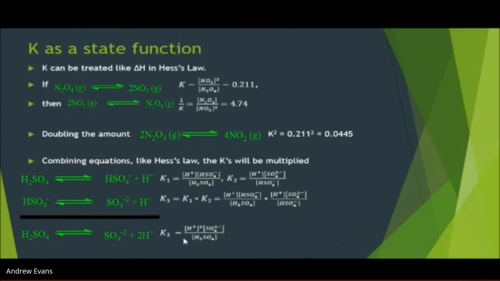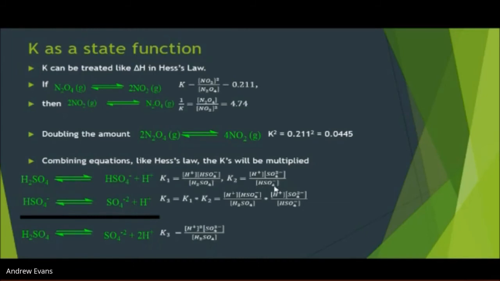So the K for the overall reaction is H+ squared times SO4 over H2SO4. Looking at each individual step, we have H+ times HSO4 over H2SO4, and H+ times SO4 over HSO4. If you multiply those together, you have HSO4 on top and HSO4 on bottom.